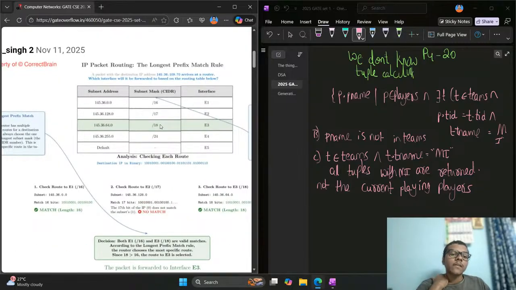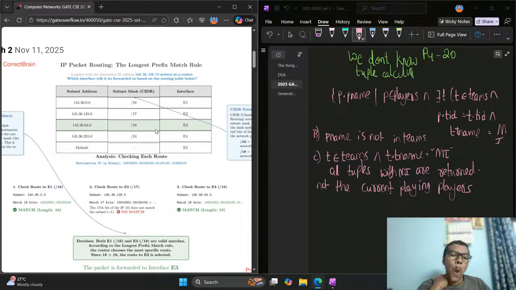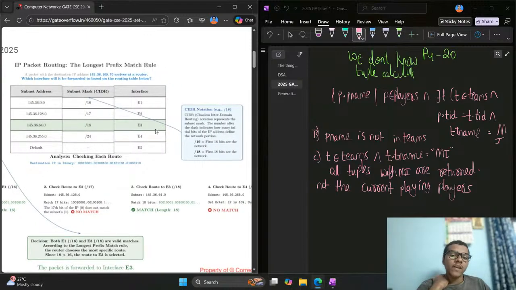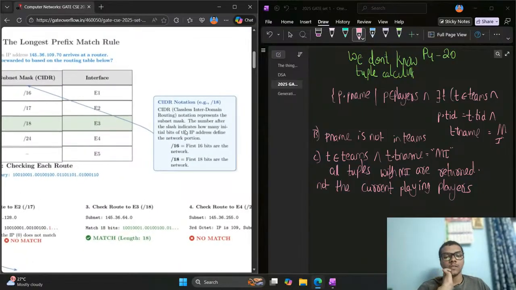A packet with a destination IP address. Which interface will it be forwarded to based on the routing table below? CIDR notation, classless inter-domain routing notation, represents the subnet mask.